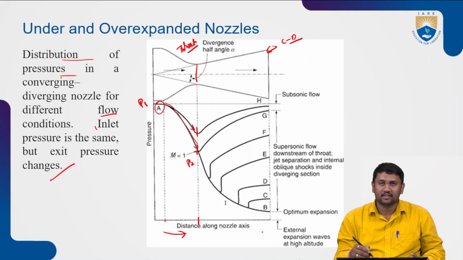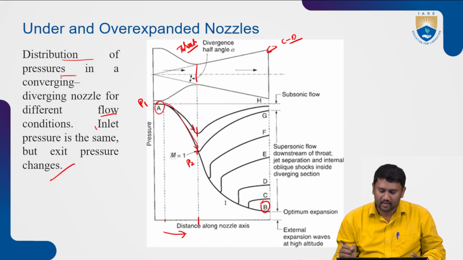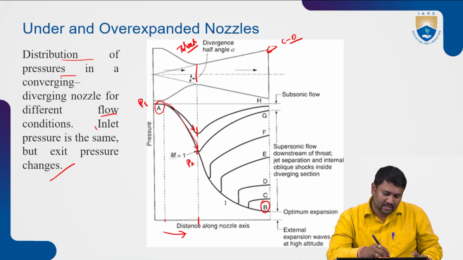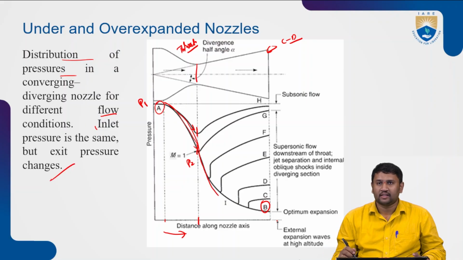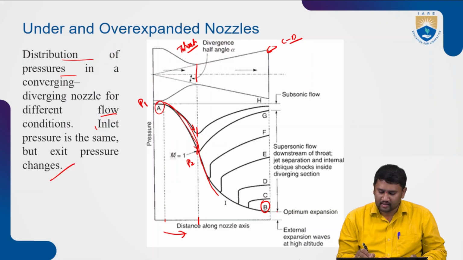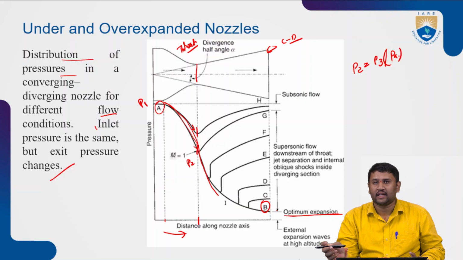Under this case we have multiple curves, and we will discuss them one by one. We'll start with B. If the pressure curve goes smoothly towards B, it is optimal expansion, where P2 equals PA.